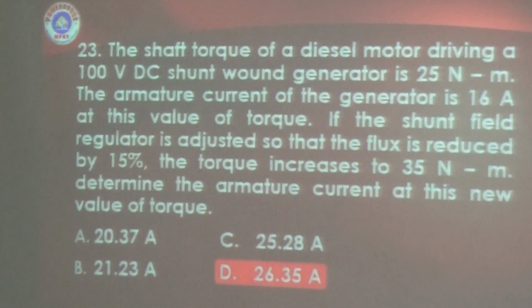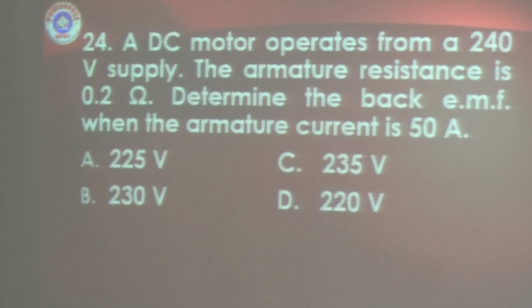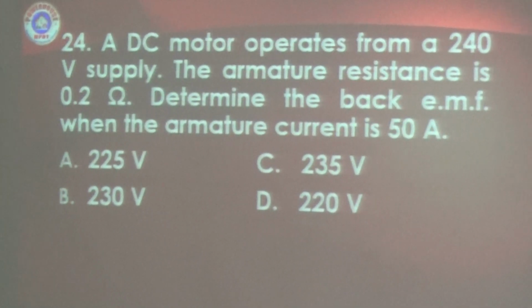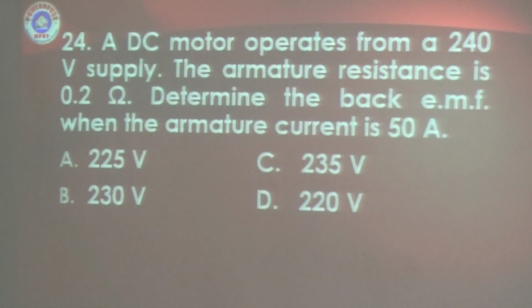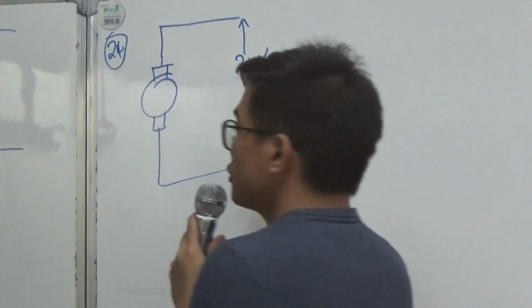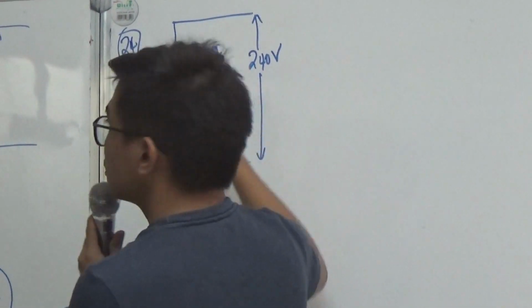24. A DC motor operates at a 240 volts supply. The armature resistance is 0.2 ohms.